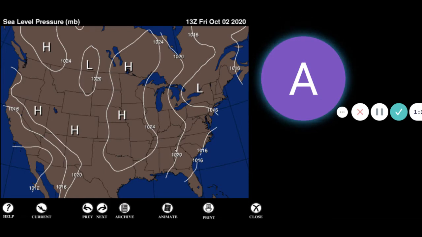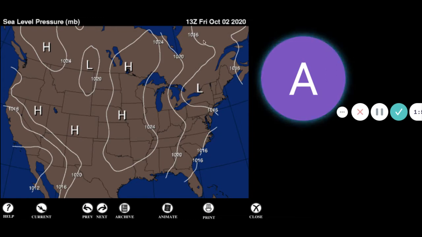Just to make things easy, we assign the pressure of 1020 to anything in this area. Like in Bloomingdale, right about where my mouse is, it's between the 1020 and 1024 isobar. So we would say the air pressure in Bloomingdale is 1020 millibars. Everywhere inside here, because we cross over, is 1024 millibars.